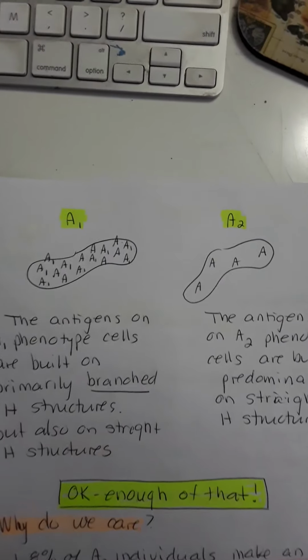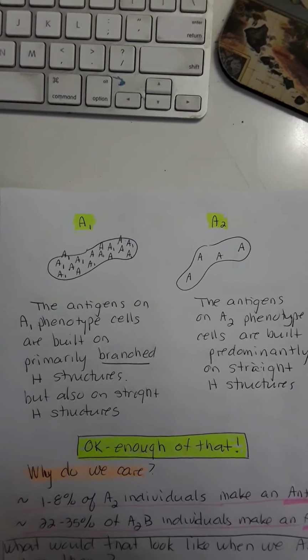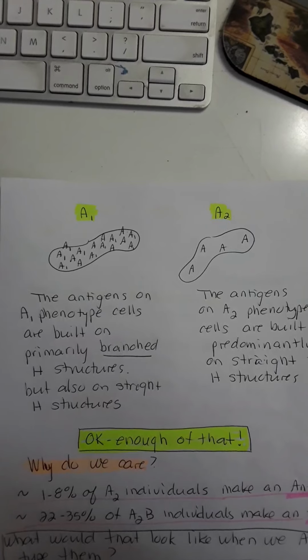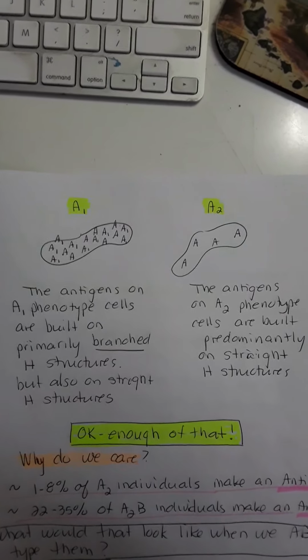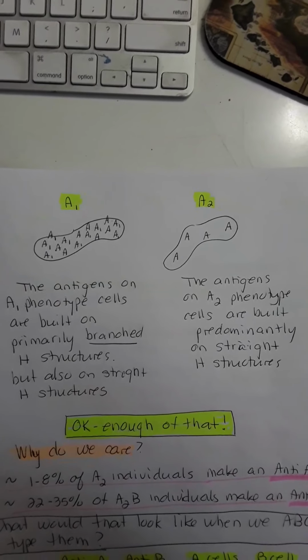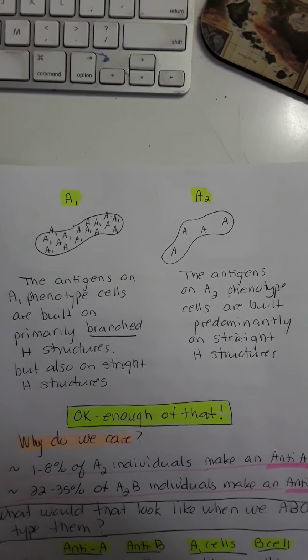And this isn't in your module, and it's not hugely important to us, but the antigens on the A1 phenotypic cell are built on primarily branched H structures, but also on straight H structures, and the antigens on A2 phenotype are built predominantly on straight structures.